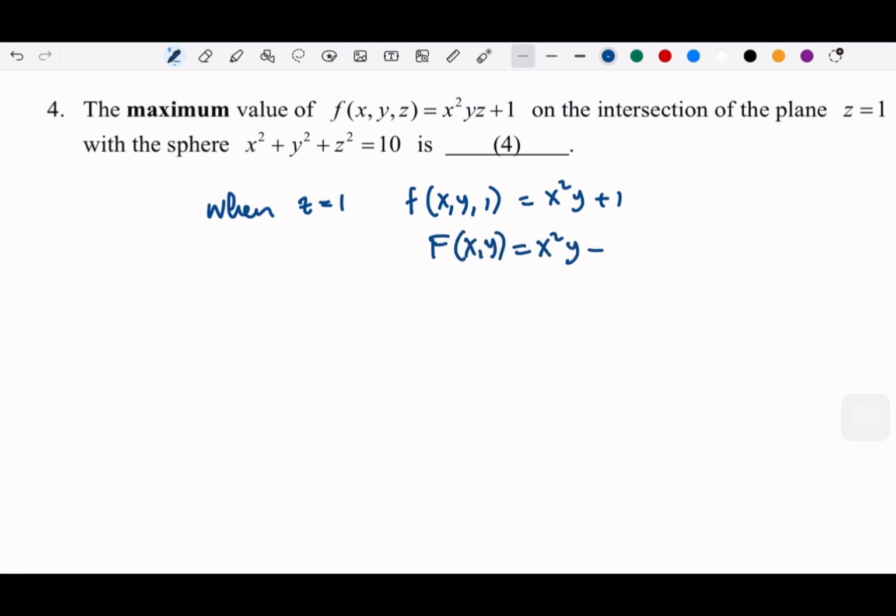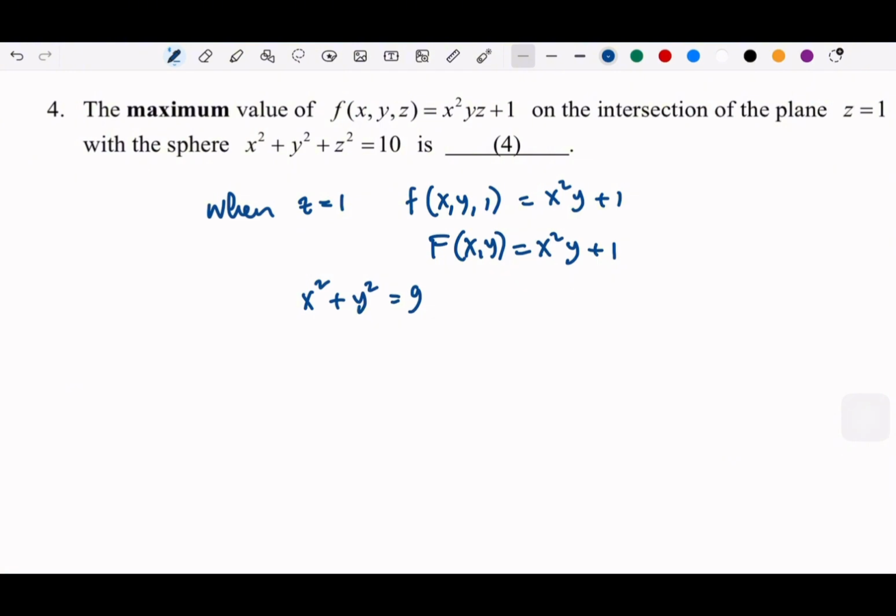Let's rename it as a new function f(x, y). And when z equal 1, we can also have that this will be 9, a circle. We have a sphere, and at z equal 1 we cut, and if we see from the top, it's a circle, x squared plus y squared equal to 9.